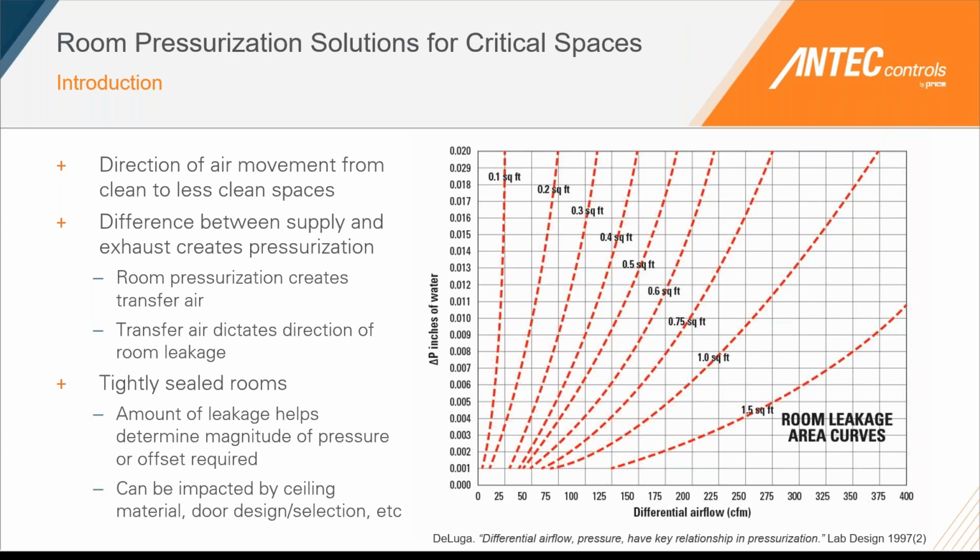But the opposite is also true. If you have a room that's very leaky and has a very high leakage rate, it's going to take a very large difference in airflow for us to build that same pressurization. So the goal and intent here is that we want to design a space that allows for leakage, but that still gives us the ability to control the room pressurization with a reasonable amount of difference in the airflow.